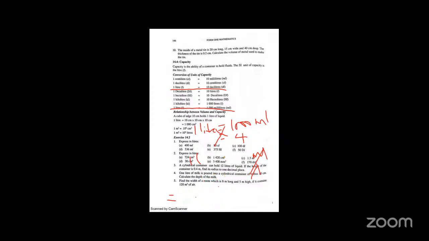The other example that you can see here is this one of hectoliters. For example, you have a question like this: 375 hectoliters.